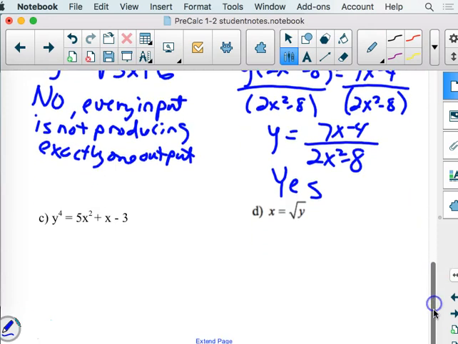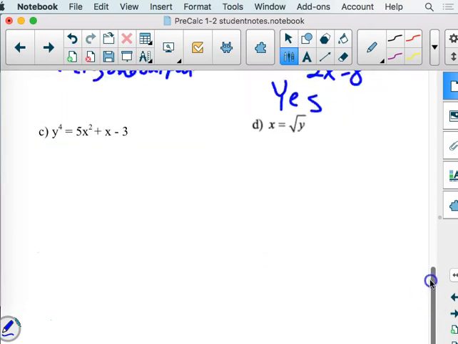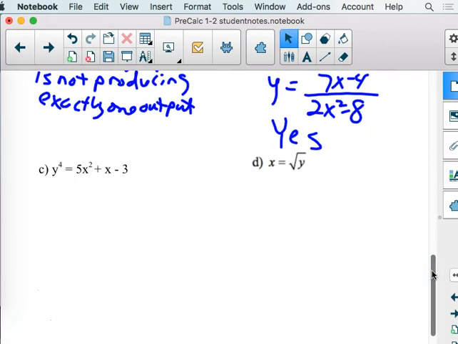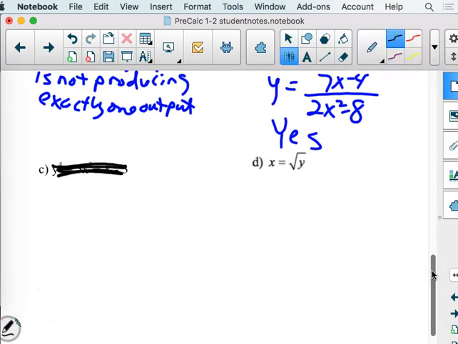Now, C is apparently different from your packet, so there's another one that got changed. I'm going to change this back. We need to see this example.